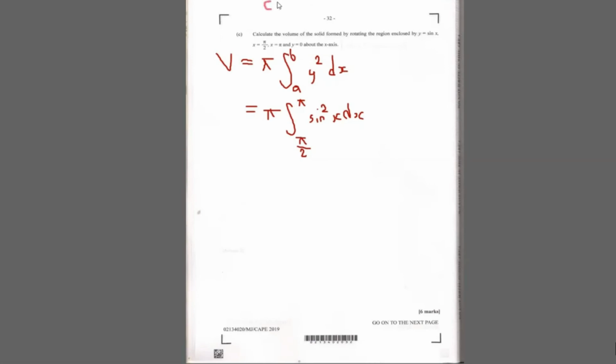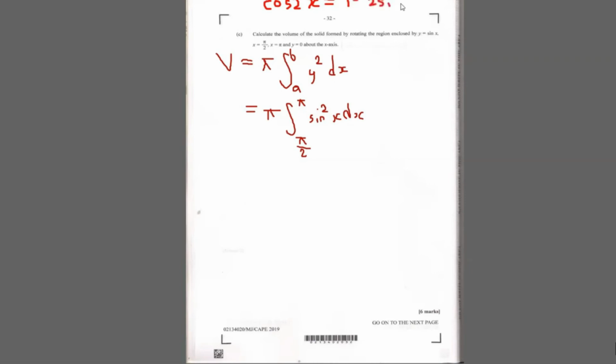So now, going back, we know that cos 2x is equal to 1 minus 2 sine square x.